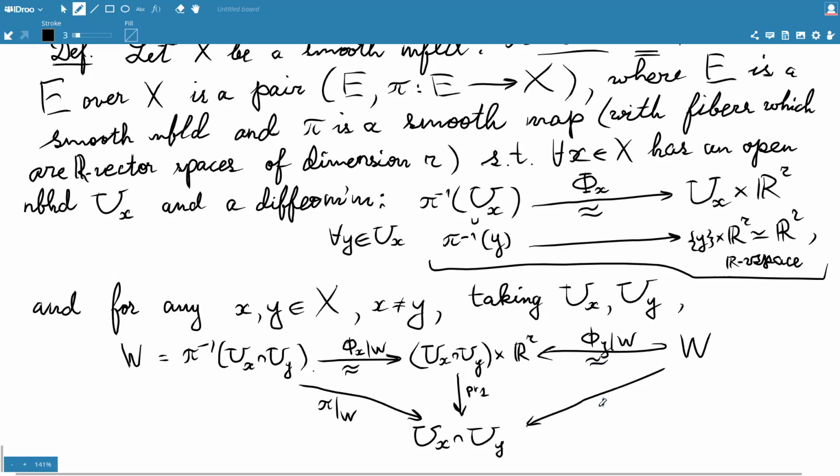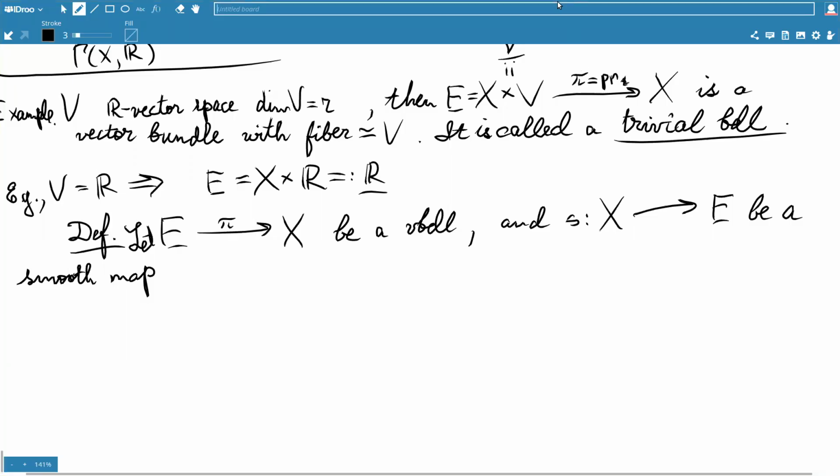So again, they are two maps between W and itself.